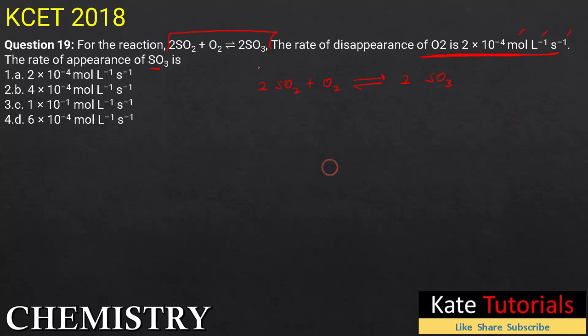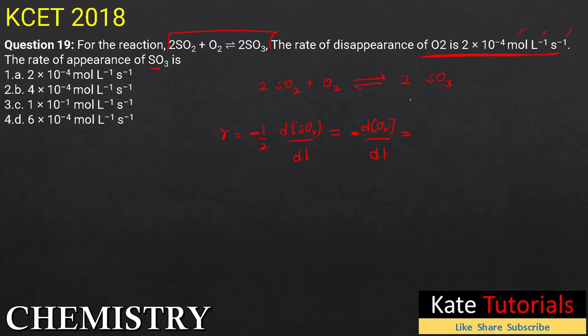The rate will be written as minus 1 by 2 times d of concentration of SO2 upon dt, which is equal to the rate of O2, that is minus d of O2 upon dt. Reactants we always take with a minus sign because concentration will be decreasing, right?